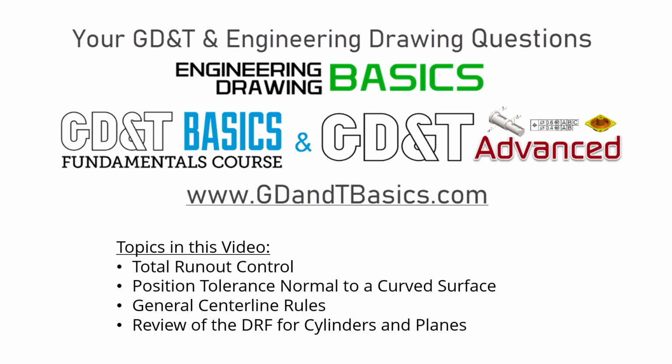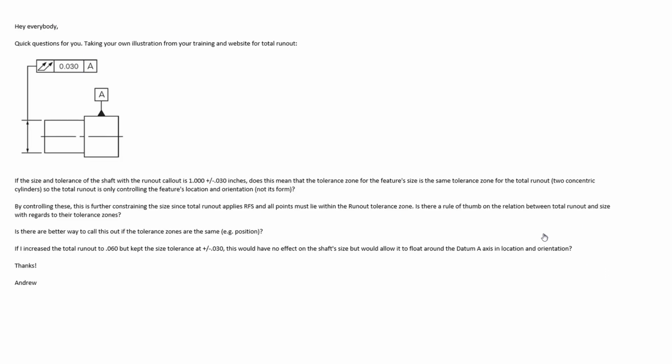So let's get started. Moving forward, we got a couple of questions from Andrew. Actually, we get this type of thing a lot, where someone asks a question and then answers it themselves and sees if they're correct. This is a question about total runout.